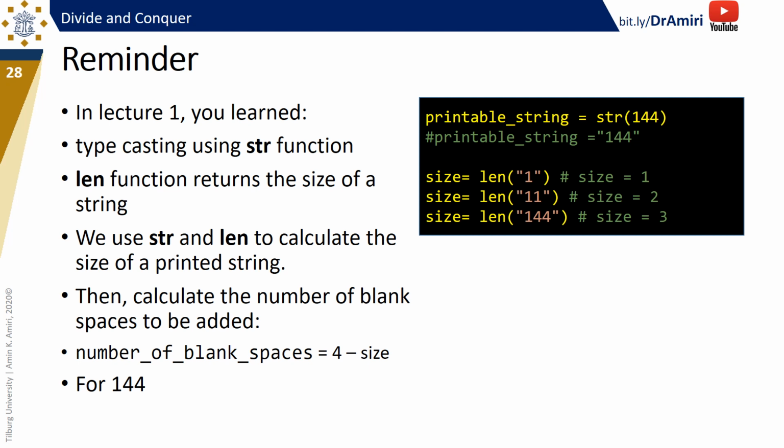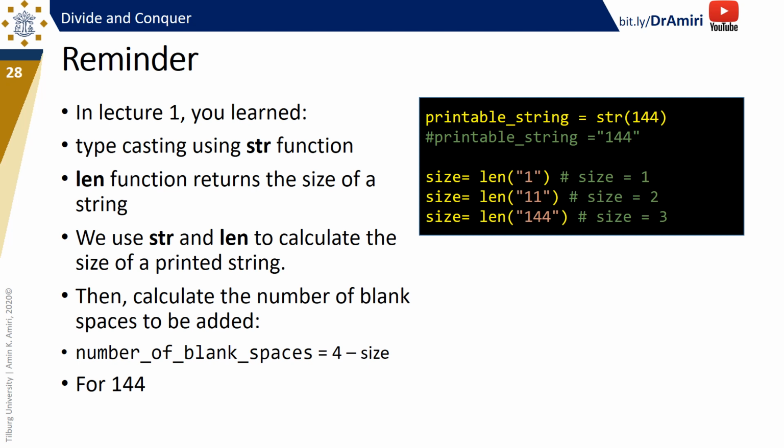If you give the string of 1 as an input to the len function, it returns 1. If you give the string of 11, it returns 2. If you give 144 as a string, it returns 3. So we are going to use the combination of str and len to calculate the size of a printed string.